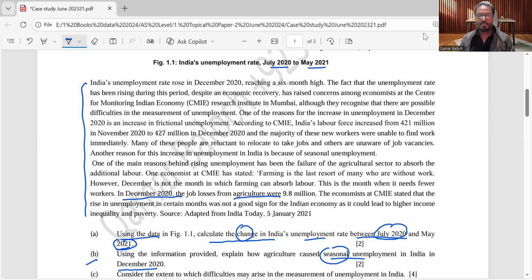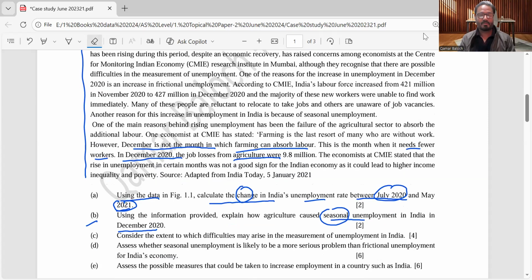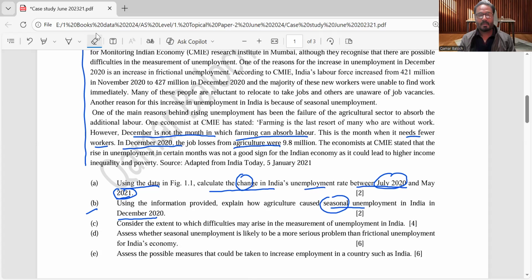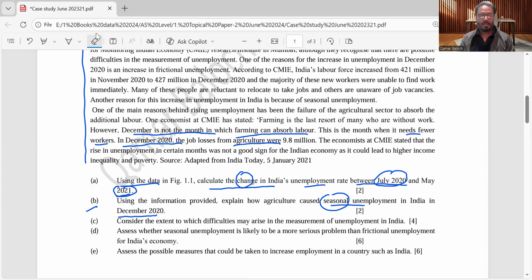What was the reason for that? You can see the reason here. December is not a good month in which farming can absorb labor. This is the month when it needs fewer workers. So this is a kind of seasonal unemployment, because in the December season many workers lose their jobs, since December is not a good month for India, which mainly depends on the agriculture sector.